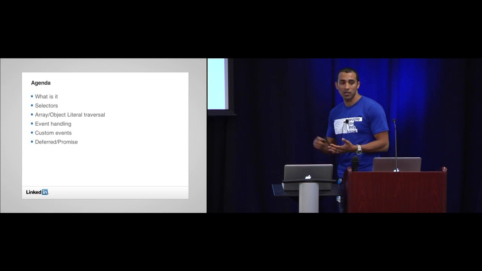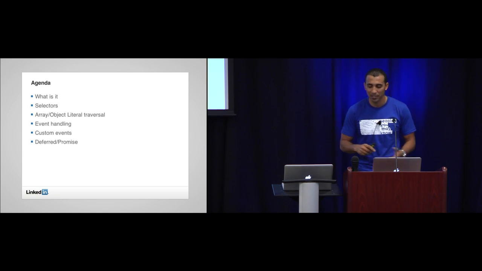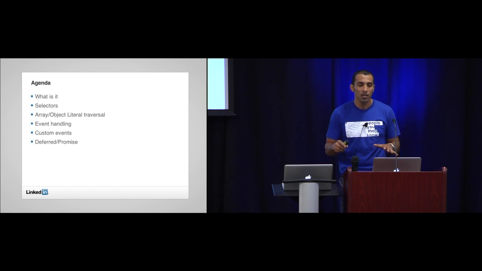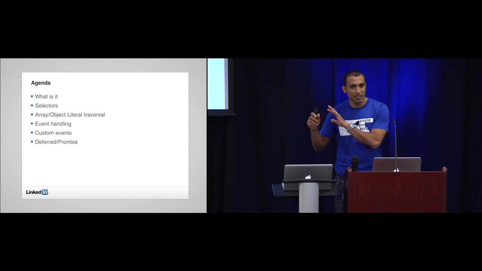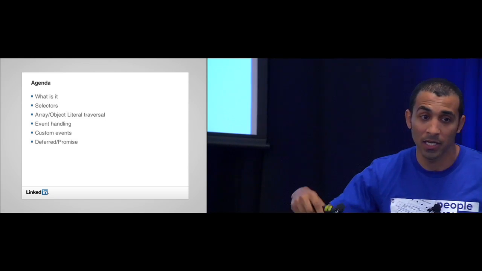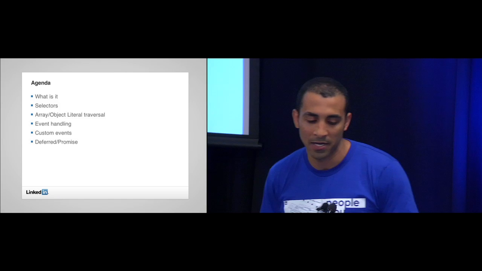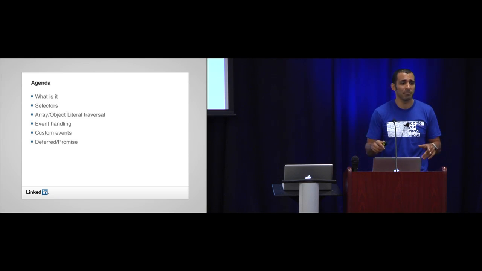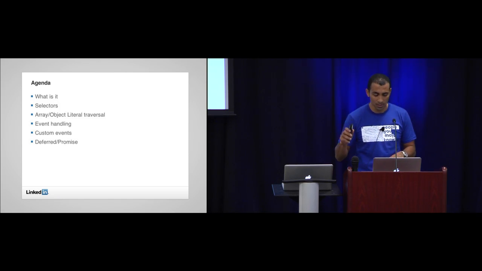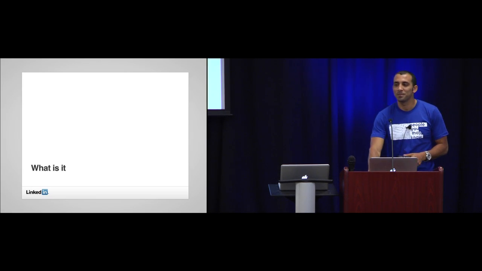From there, custom events, so that should go under event handling. And then something else that is pretty unique: it's a pattern, but jQuery was one of the first to implement it within the library itself. The pattern is called the deferred promise pattern. Some of the people on my team will probably be familiar with it because they always hear me bickering about it. Okay, so what is jQuery?